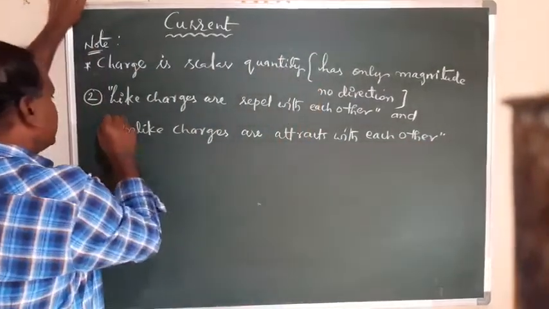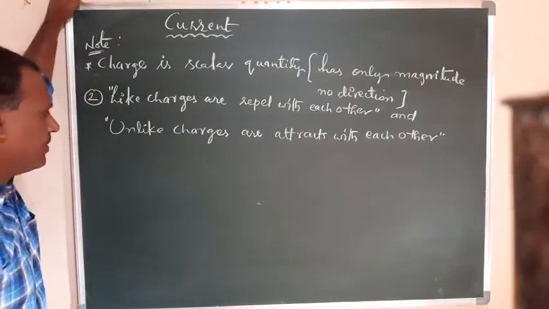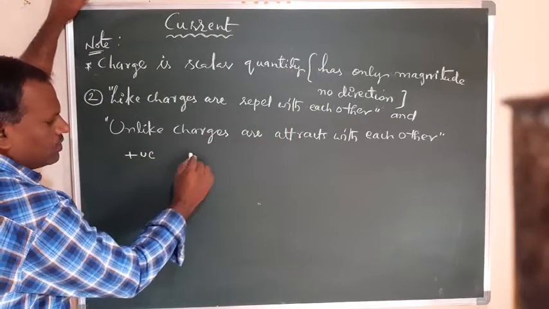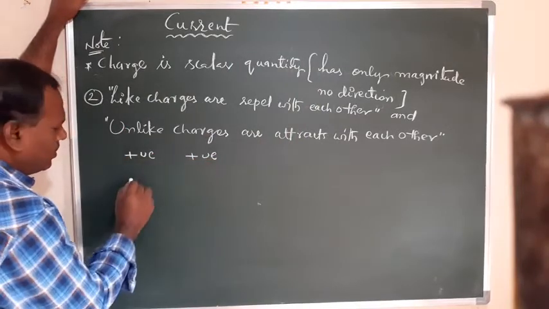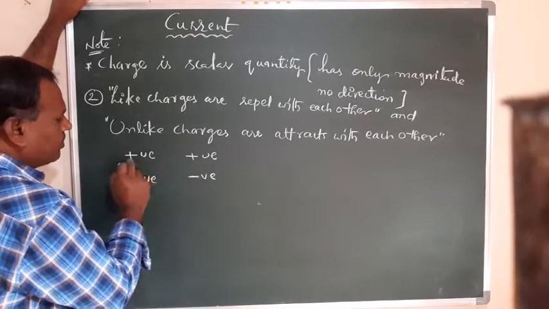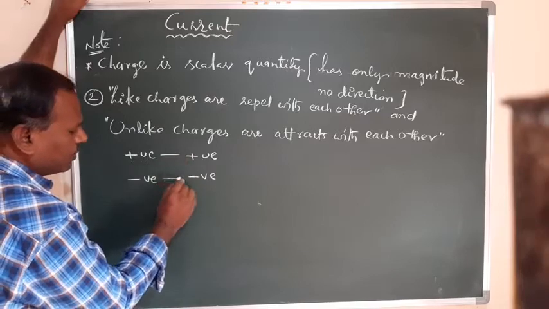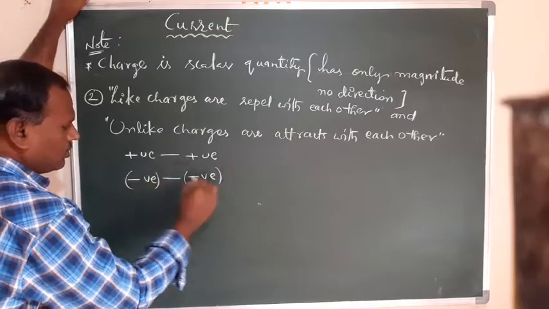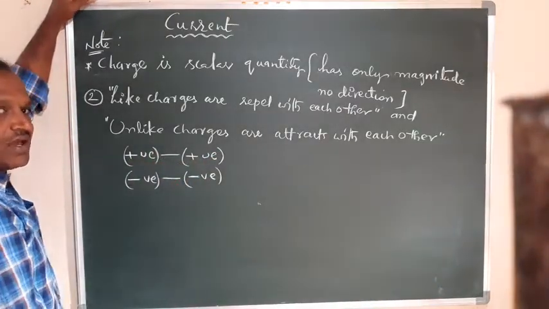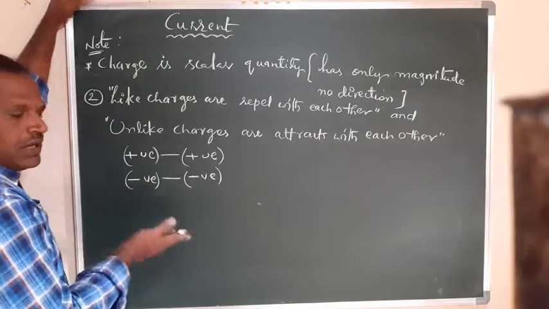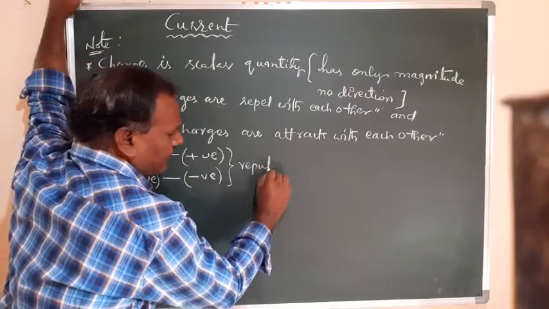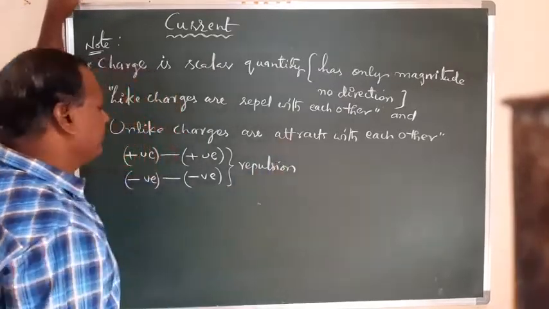Right. So this is another observation you can have. Like you can see here positive and positive, negative and negative. So these are like charges, right? Positive, same, similar or identical are like charges. Negative are also like charges. So these make repulsion between them.